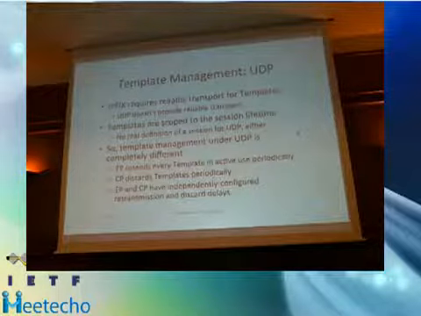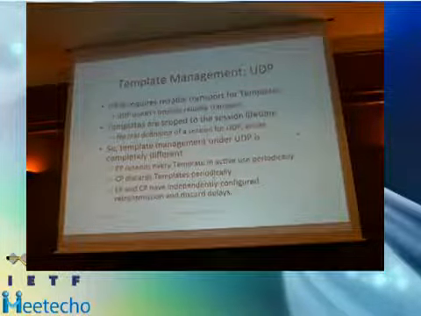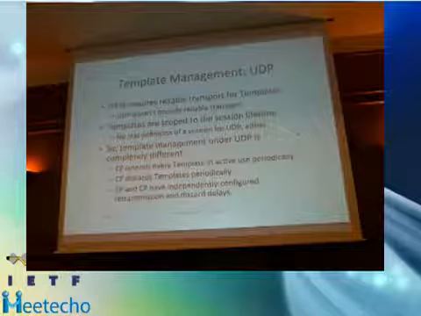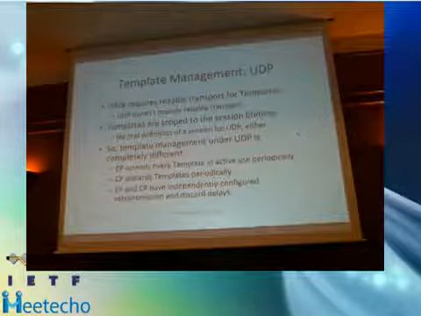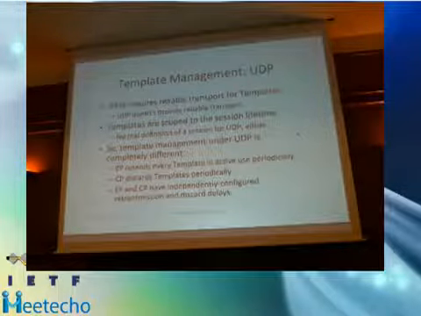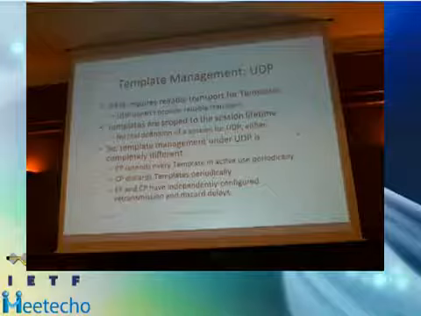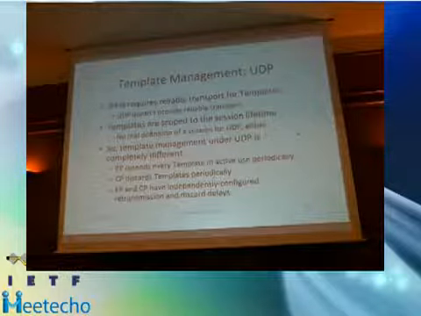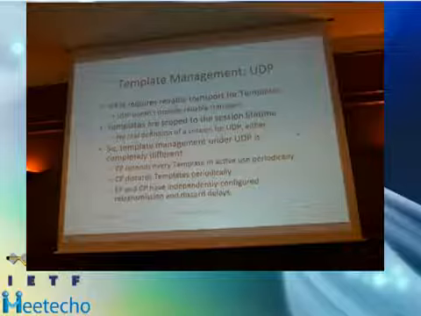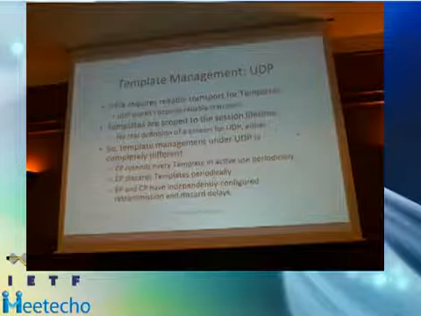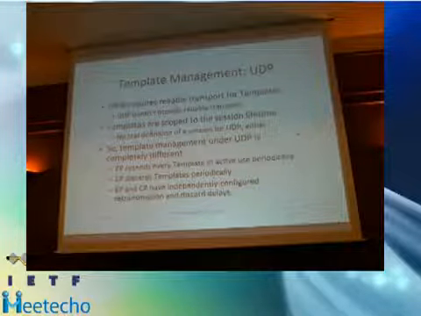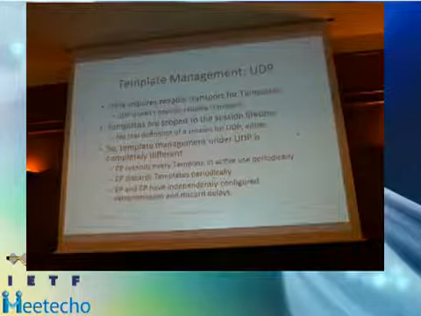So we have a completely different template management regime for UDP. The exporting process has a bunch of templates that are considered the active set. Periodically, it resends them all. The collecting process discards templates periodically, and we actually tried very hard to come up with a set of usable guidelines so that you could say, here's where you should set your timeouts.